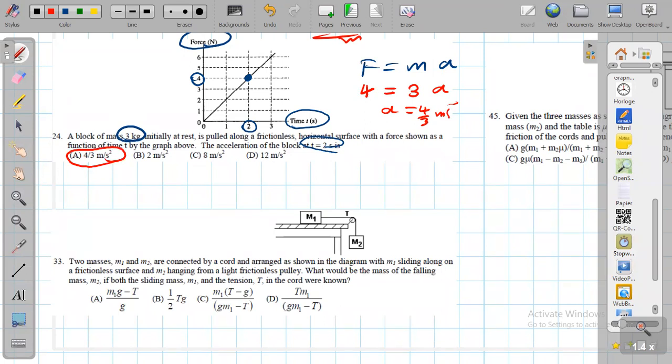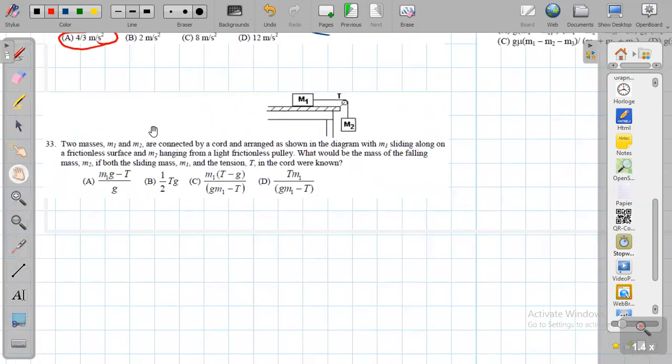Now the very next one. Two masses M1 and M2 are connected by a cord and arranged as shown in the diagram, with M1 sliding along a frictionless surface and M2 hanging from a light frictionless pulley.